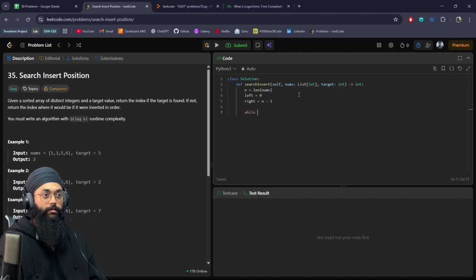While left is smaller than right, we'll be splitting left plus right, and we'll be dividing it by 2. We want the integer, so we will be using double division.